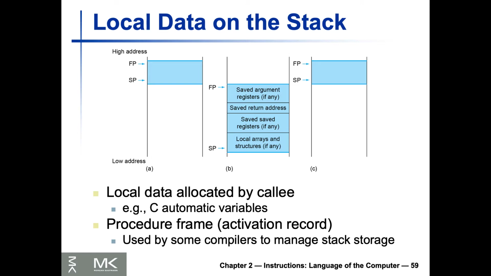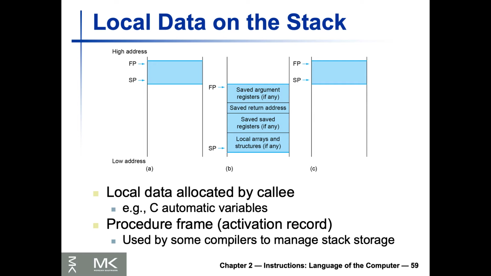As you know, the stack is also used to store variables that are local to a procedure but do not fit in registers, such as local arrays or structures. Normally RISC-V uses a frame pointer. In the next example, it's going to be in x8.